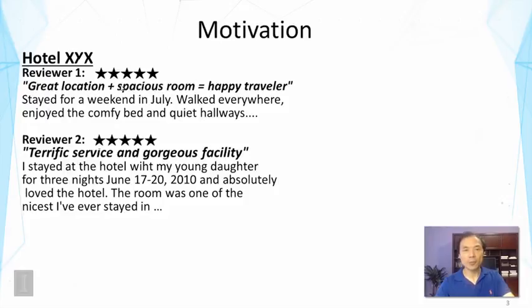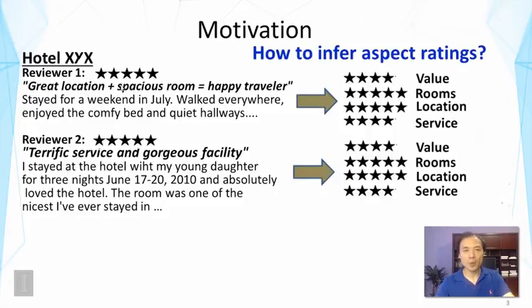So what we want to do is to decompose this overall rating into ratings on different aspects such as value, rooms, location, and service. So if we can decompose the overall rating into ratings on these different aspects, then we can obtain more detailed understanding of the reviewer's opinions about the hotel.